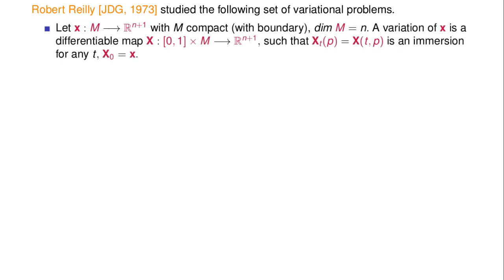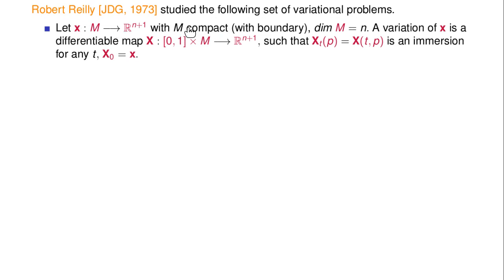Of course, a symmetric function of something is something very usual, but they were studied from the geometrical point of view by Robert Reilly in 1973, because he studied the following set of variational problems. He considered an immersion in R^(n+1).